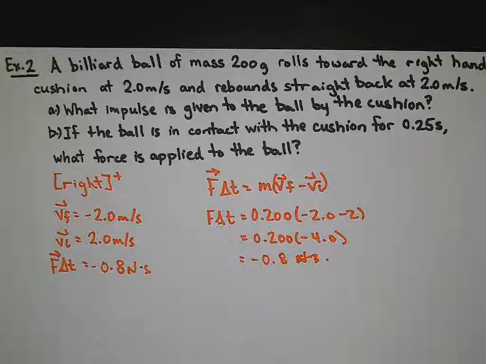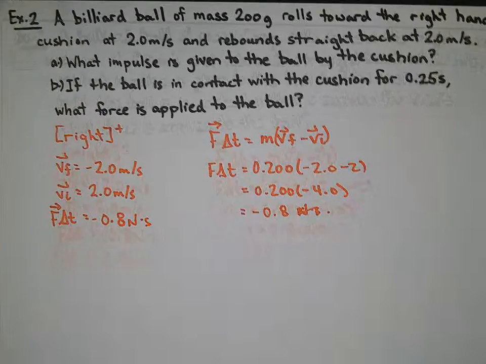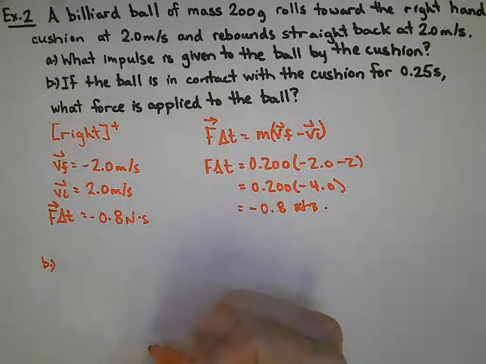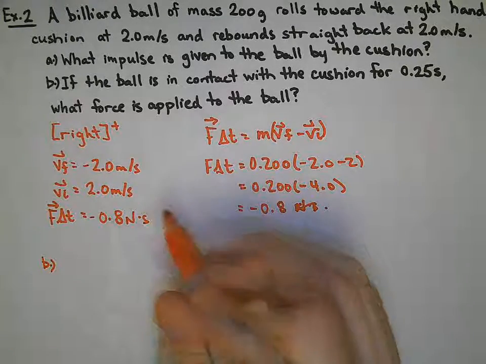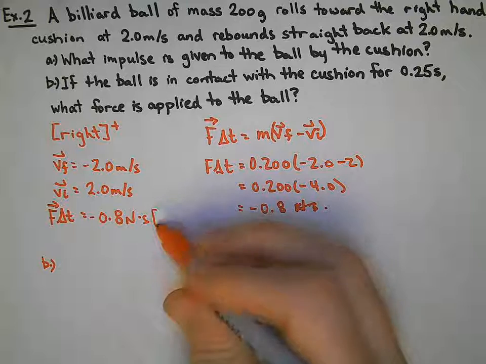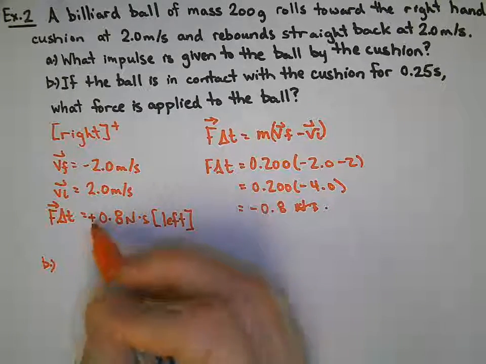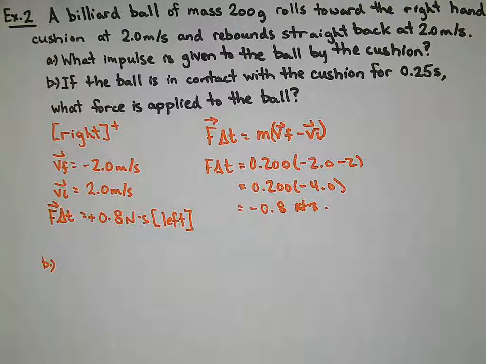So let us look at part B. If the ball is in contact with the cushion for 0.25 seconds, how can we figure out what force was actually applied to the ball? By the way, my impulse, the change in momentum, will be in the direction of left, so let's actually include the direction as well.